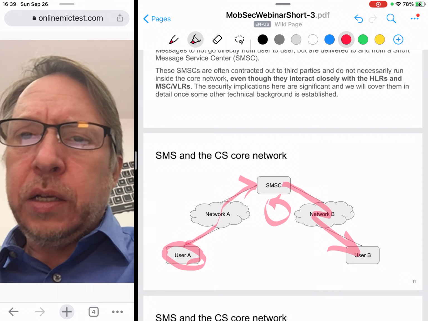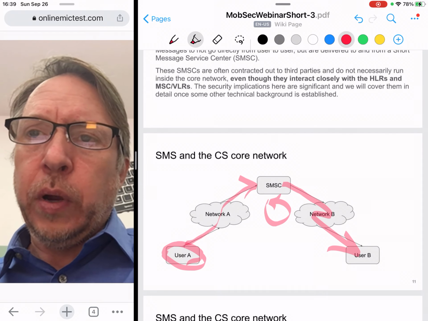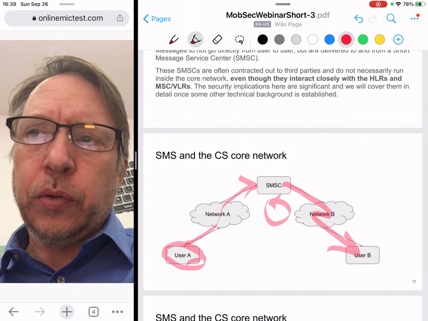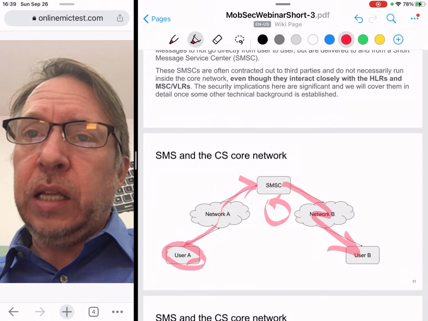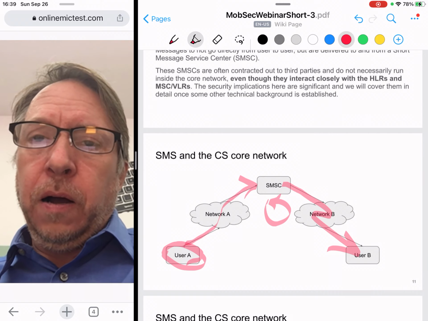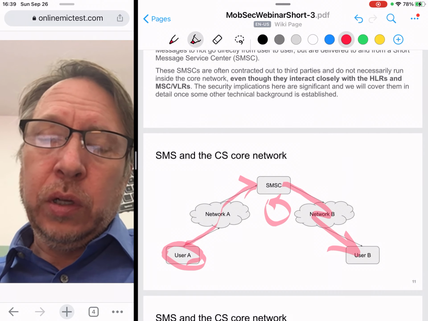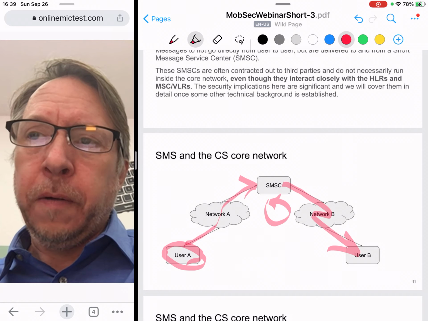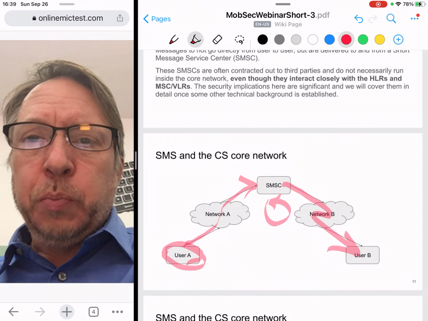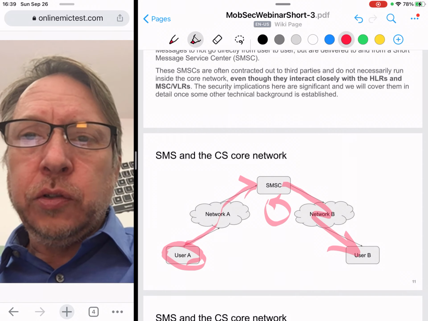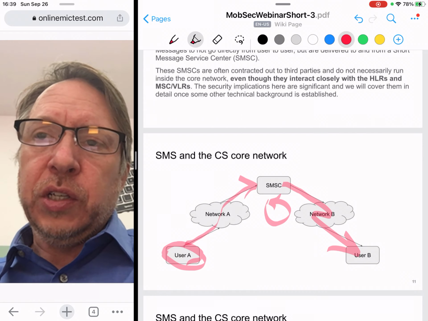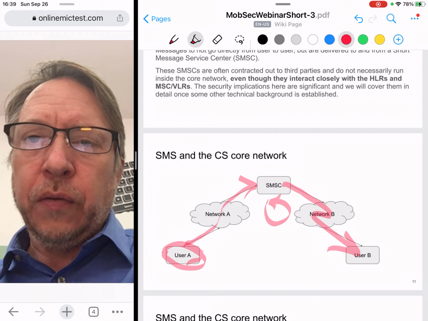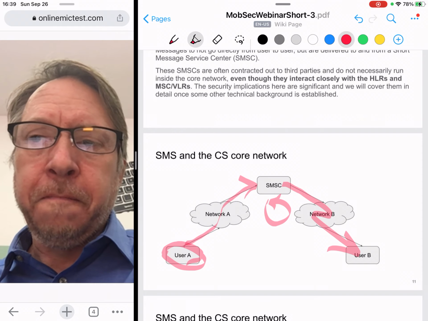What's important about SMSCs from a security standpoint is they're often contracted out to third parties. They don't necessarily run inside the core network. They're not even really considered part of the SS7 network. But despite all this, they interact very closely with components in the core network, like the HLRs and the MSC VLRs. And this has some pretty significant security implications.